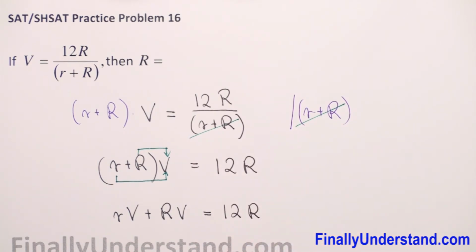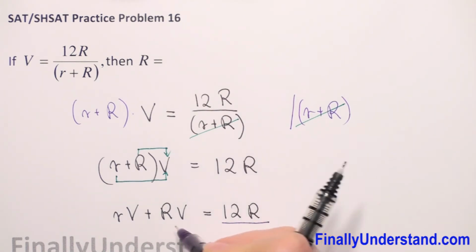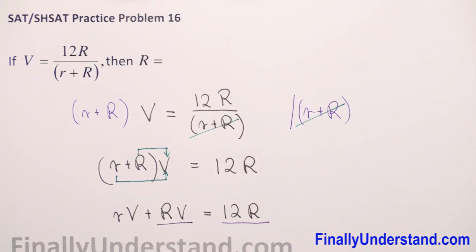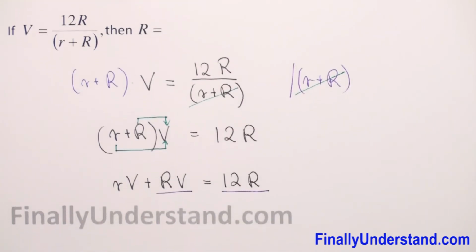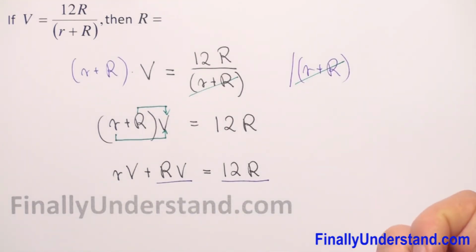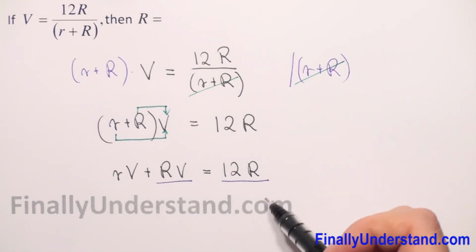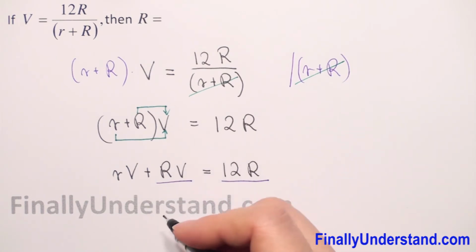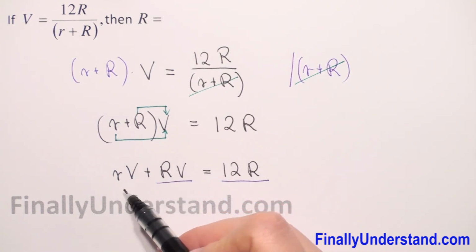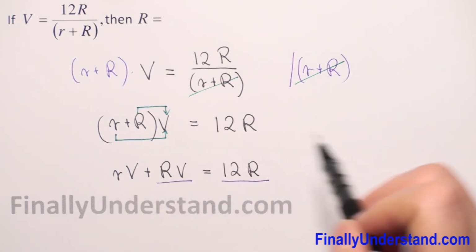What next? We need to find R. So we have expression with R on the right side and left side. So first I will move expressions with R to, for example, the left side, and expression without capital letter of R to the right.